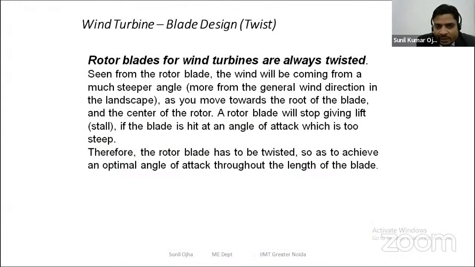We have to twist the blades by some angle. Seen from the rotor blade, the wind will be coming from a much steeper angle with the direction of travel. As you move towards the root of the blade and the center of the rotor, the blade will stop giving lift if it is hit at an angle of attack which is too steep. Therefore the rotor blade is twisted.